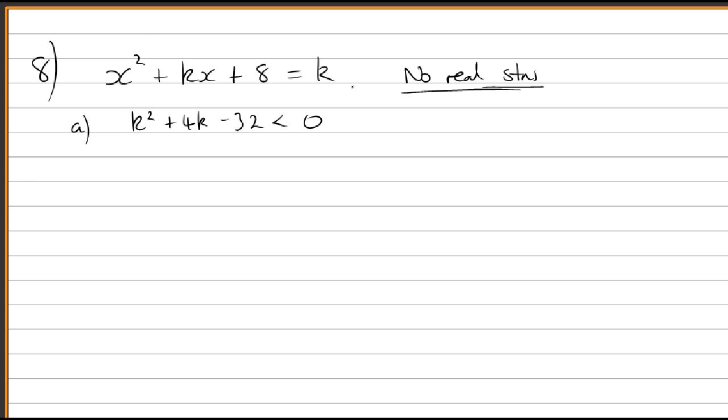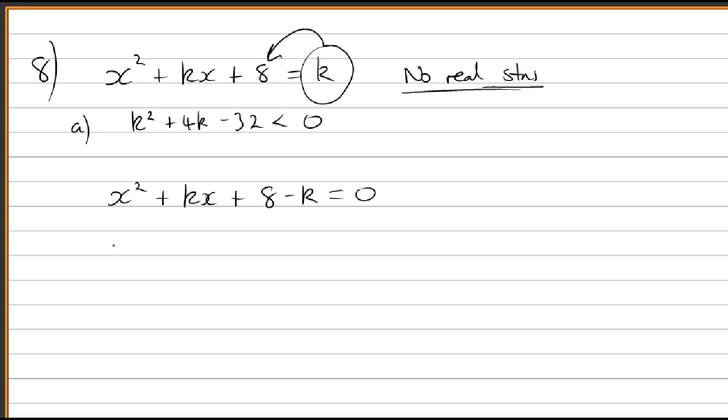Well, the first thing that I'm going to do is move this k over to the left hand side. So we've got x squared plus kx plus 8 minus k is equal to 0.